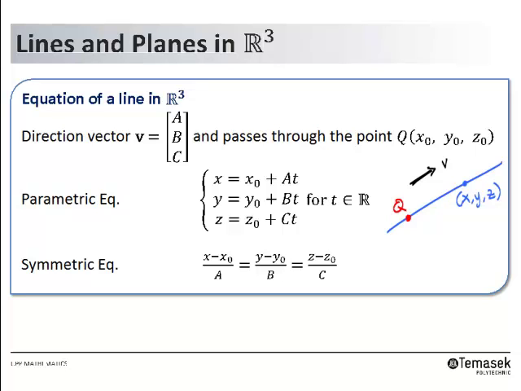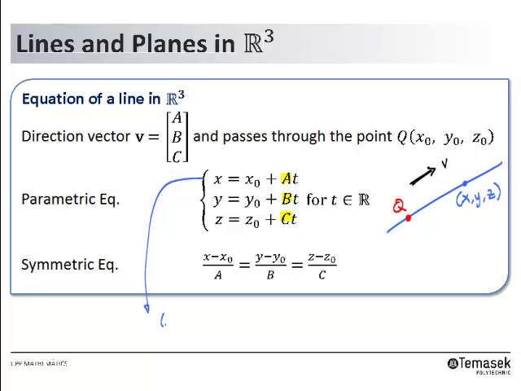Notice the components of the direction vector a, b, c are multiplied by a parameter t, for any real number t.